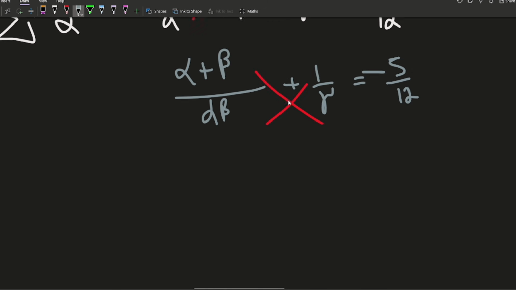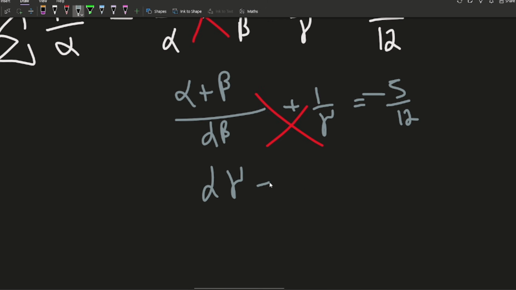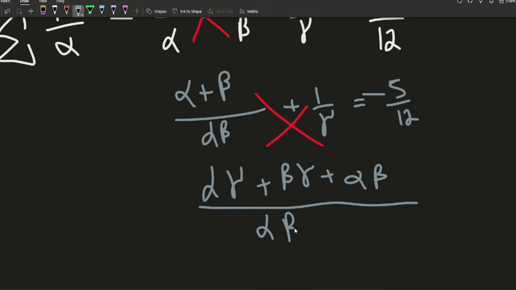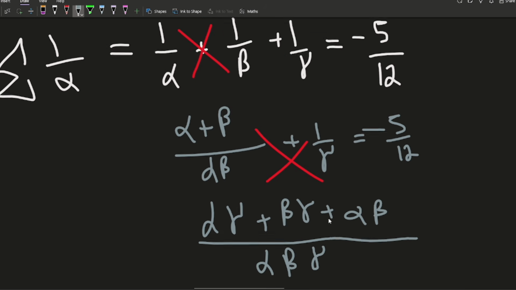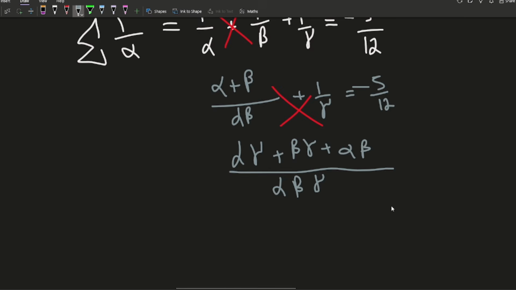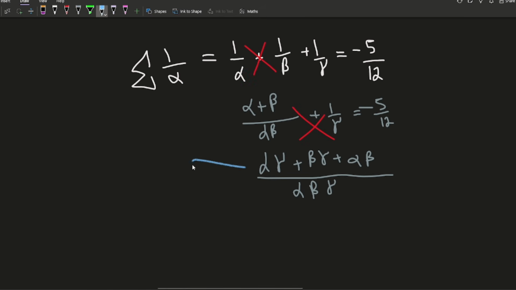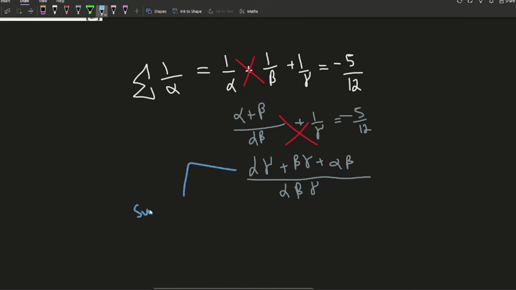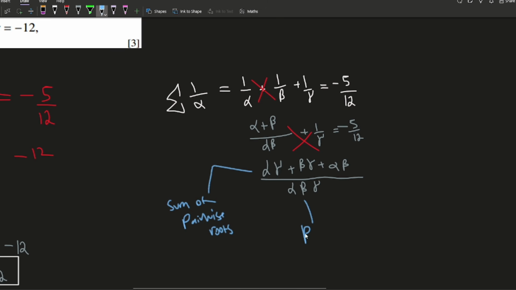Okay, now let's take LCM for this. So alpha gamma plus beta gamma plus alpha beta over alpha beta gamma. Now, if you see this carefully, this is basically the sum of pairwise roots, and this is the product of roots, right?